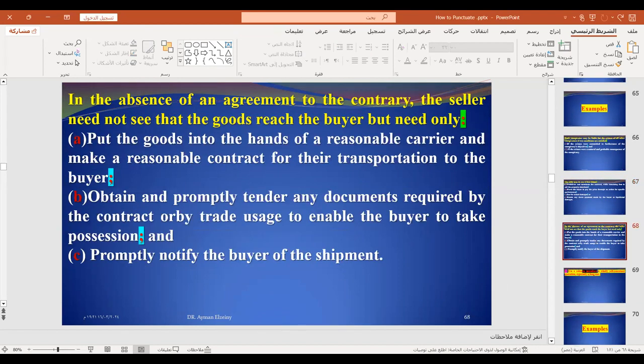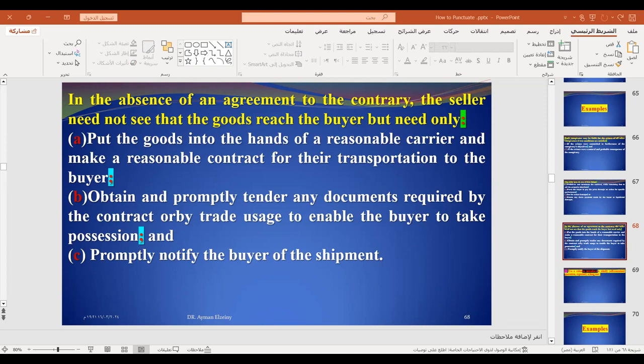Third example, if you want to write: in the absence of agreement to the contrary, the seller need not see that the goods reach the buyer, but need only... The following content provides the cases under which the seller need not see that the goods reach the buyer.